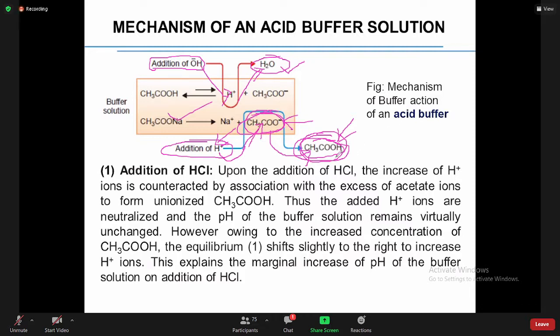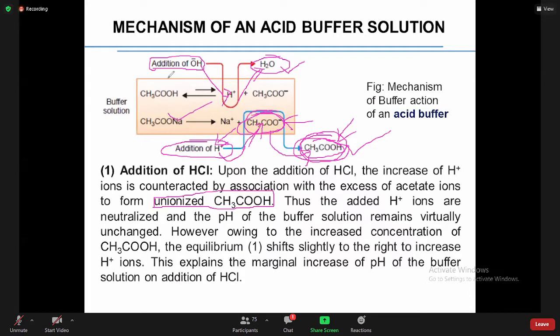Sir, it doesn't dissociate much, because it's a very weak acid. Good. This actually has the tendency to partially dissociate, right? But if the environment is not favorable, then it will dissociate even less, isn't it?